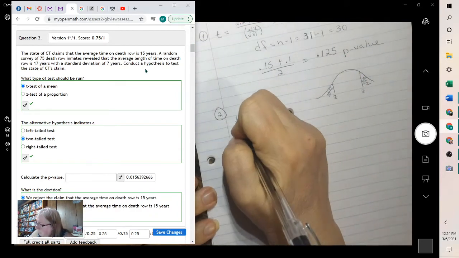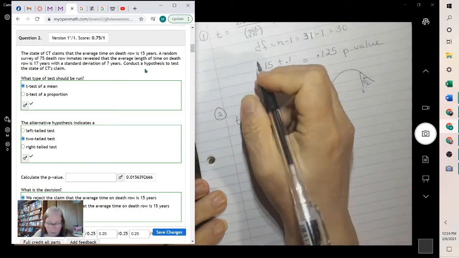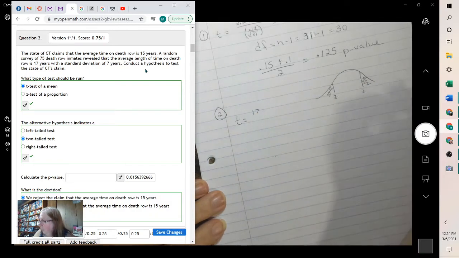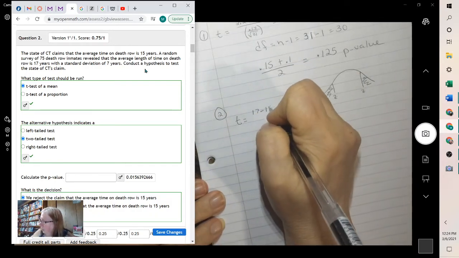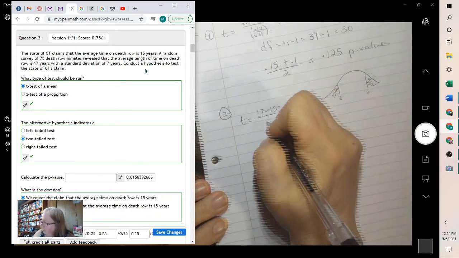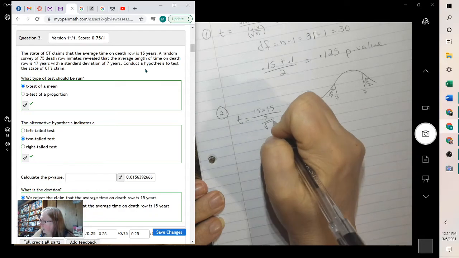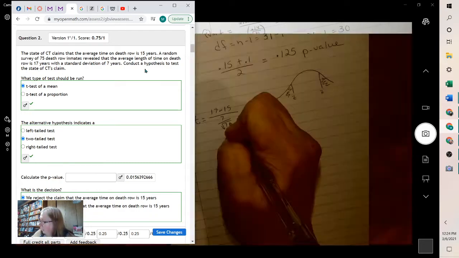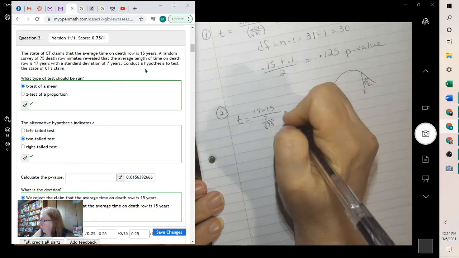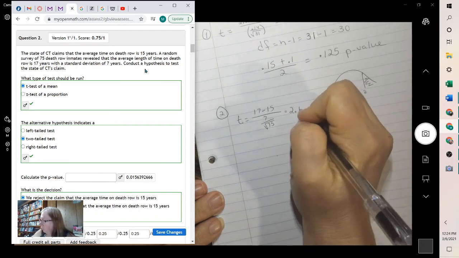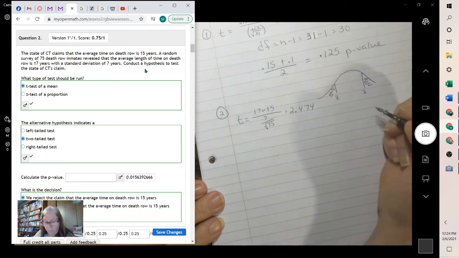First thing we need to do is find the t-value. And it would be from the mean from the sample minus the null hypothesis. Standard deviation was 7, and divided by sample size, which was 75. And we get 2.474.